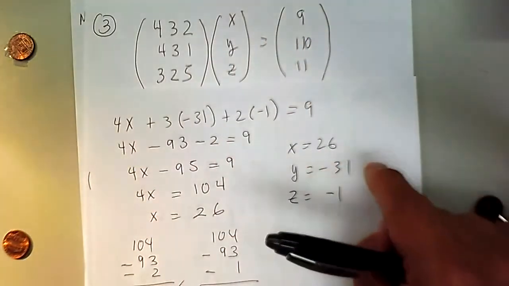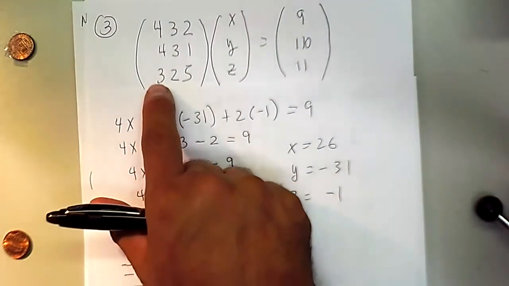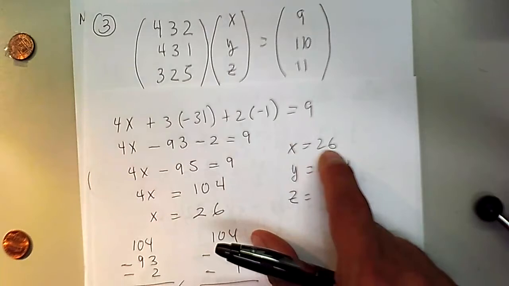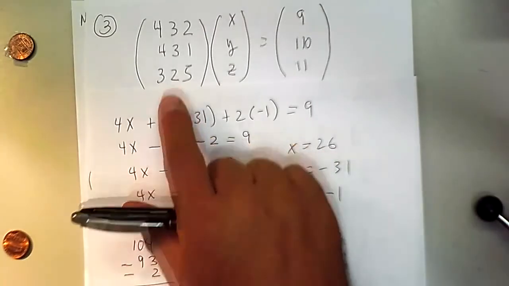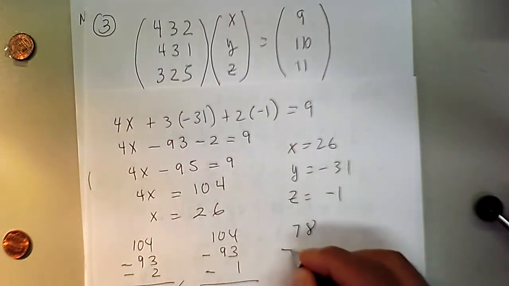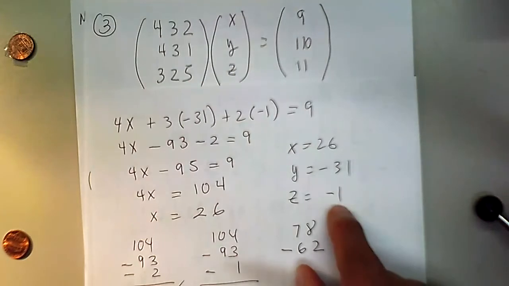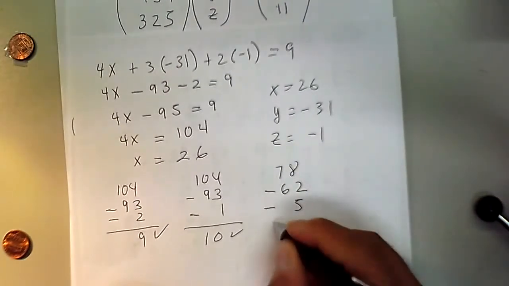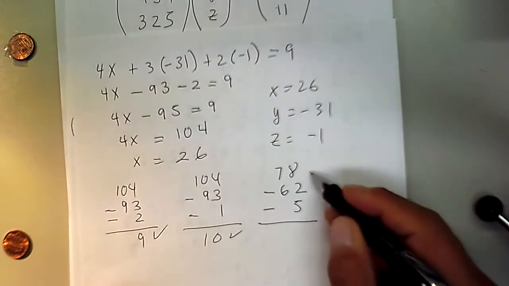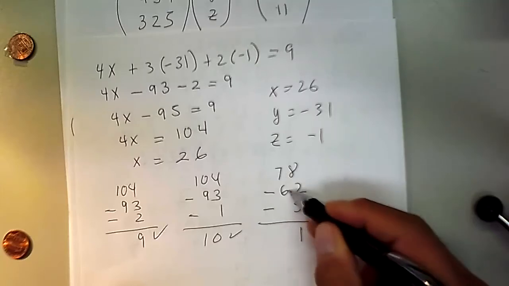3 26s, that's 78, because 3 times 25 is 75. So 78. 2 of those minus 62. 5 of those minus 5. 8 minus 7 is 1. 7 minus 6 is 1.